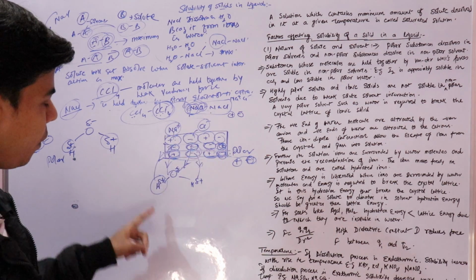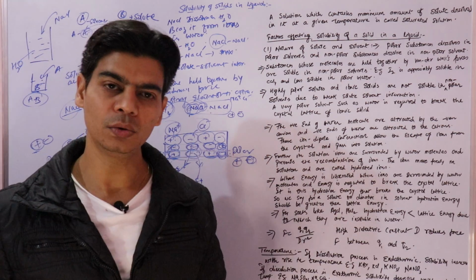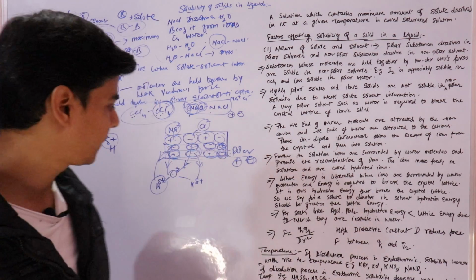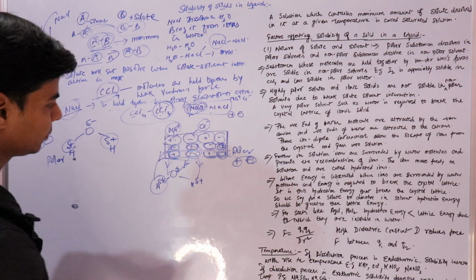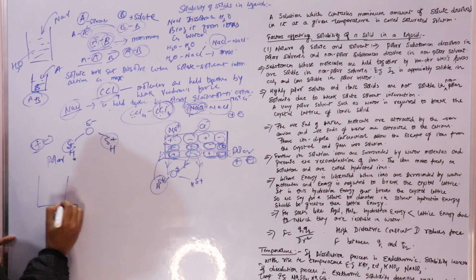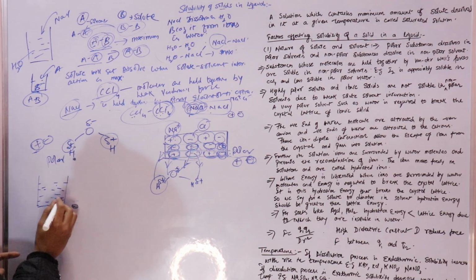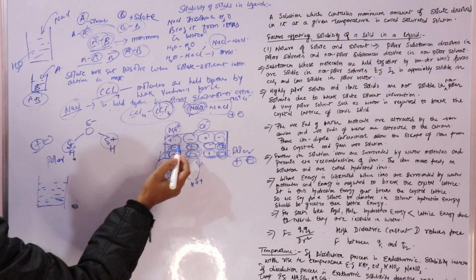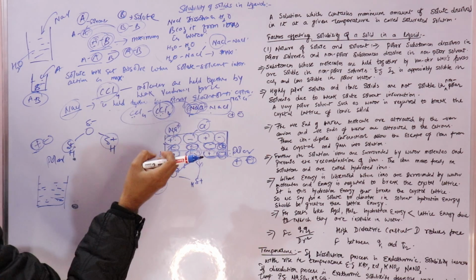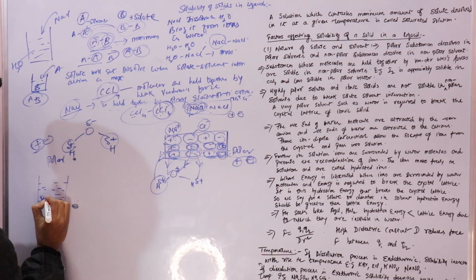And this is how water will pull out these ions and bring them into the solvent, which is water. So if you just imagine this in a container, this is water. Water will pull these sodium and chloride ions into water.